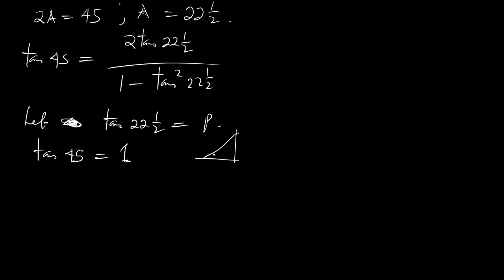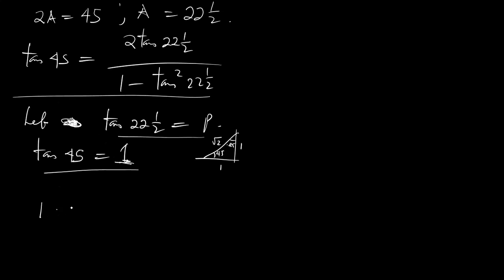From the triangle, here is 45, here is 45, here is 1, 1, this is root 2. So tan 45 is equal to 1. Now let's substitute these values into this equation. So you now have 1 is equal to 2p divided by 1 minus p squared.